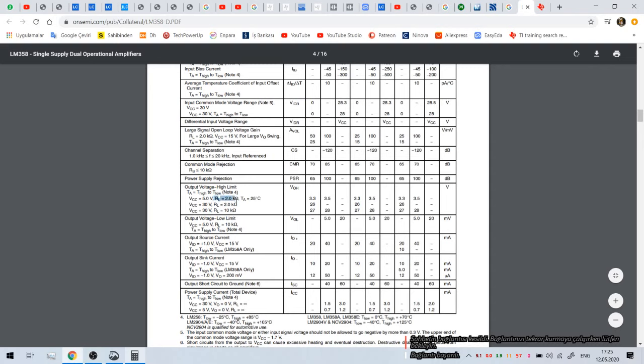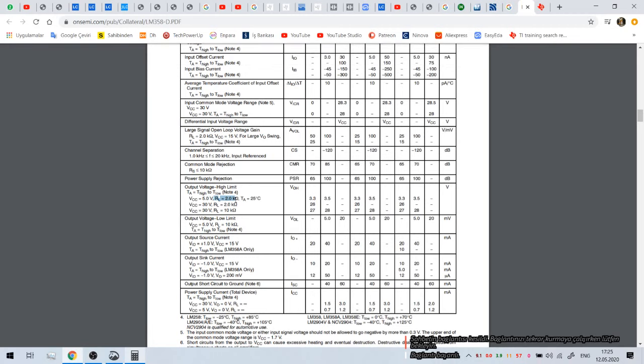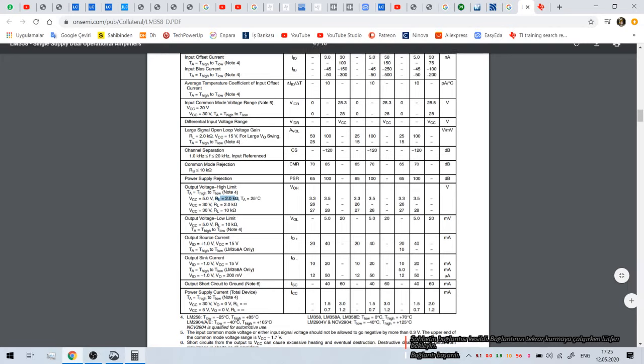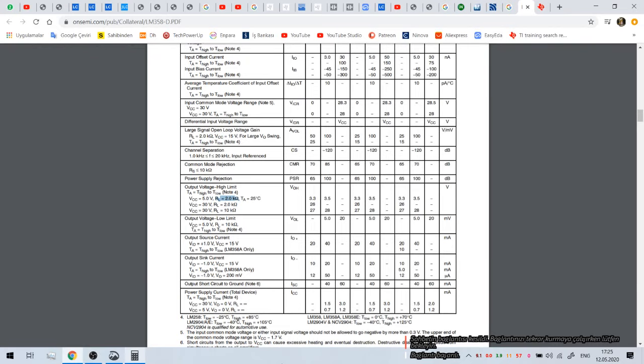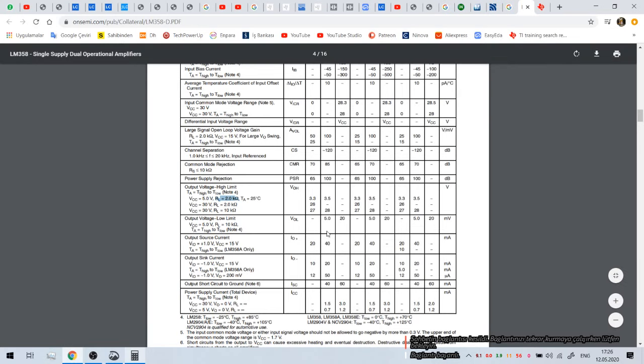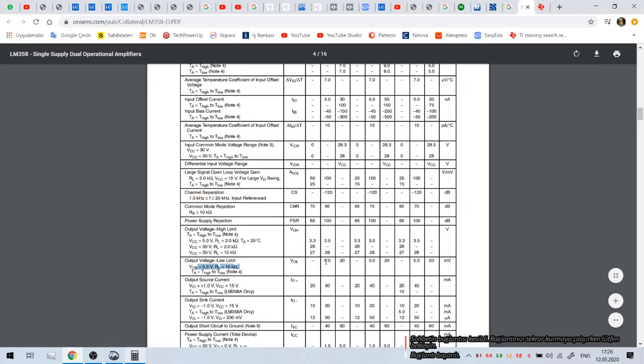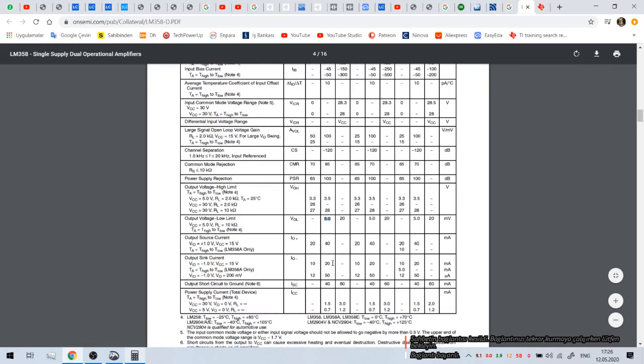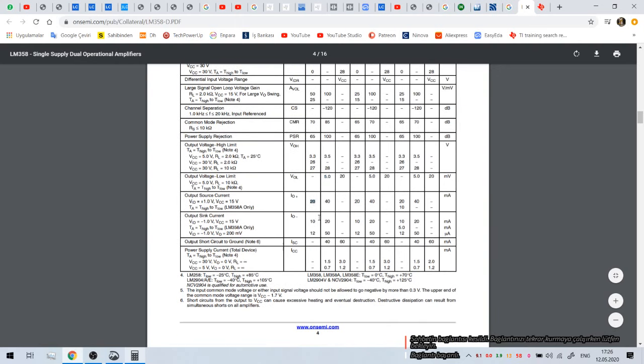And our load is 2 kilo, greater than this. We can change these resistors later also. These are basically starting resistors. Output voltage low limit with 5 volt and our load is only millivolts, 5 millivolt, not important. Output source current at least 20 milliamp.